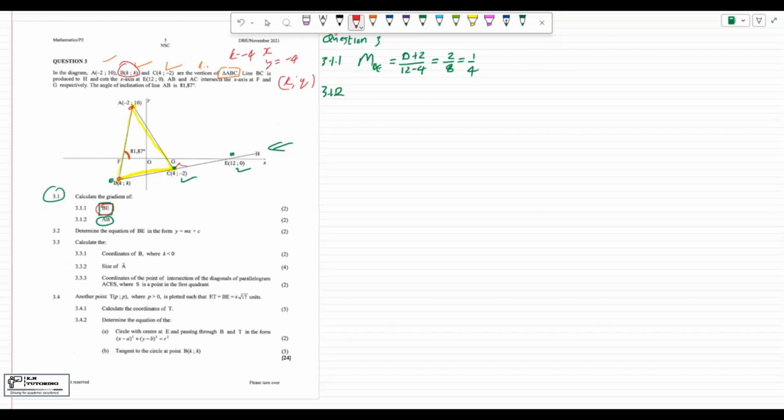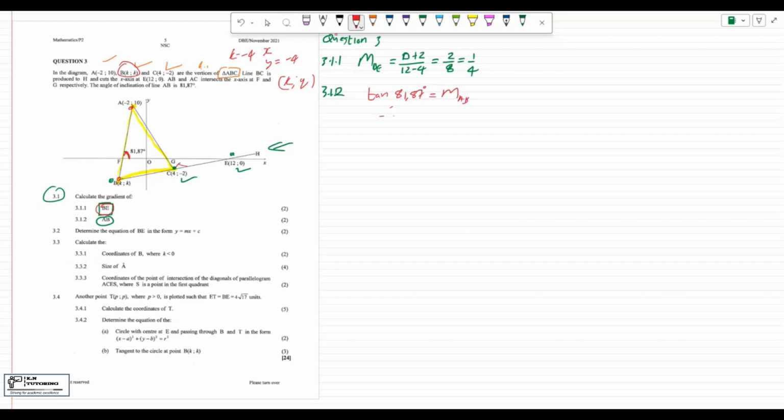But something that is very important, they gave you the angle of inclination of AB, and we know that the tangent of an angle, in this case 81.87 degrees, is equal to the gradient of AB.